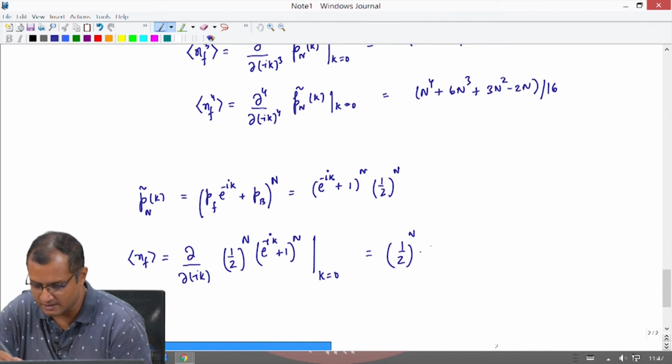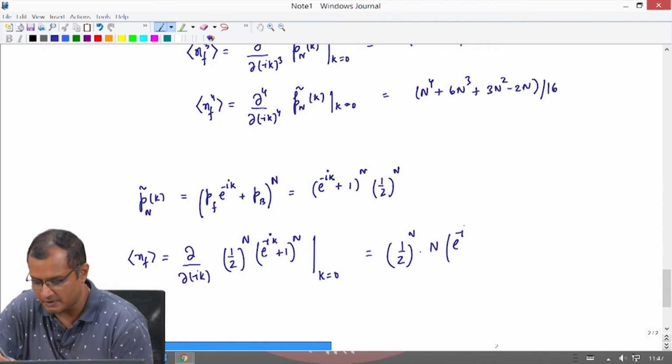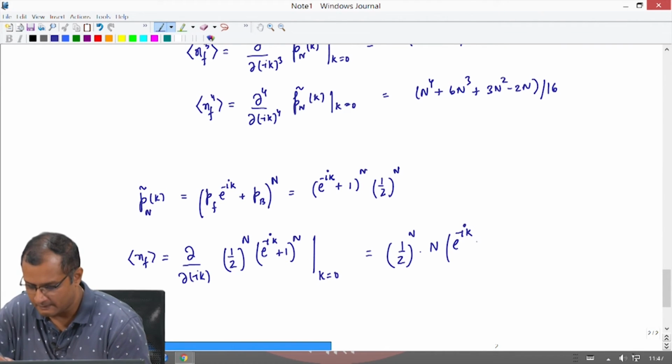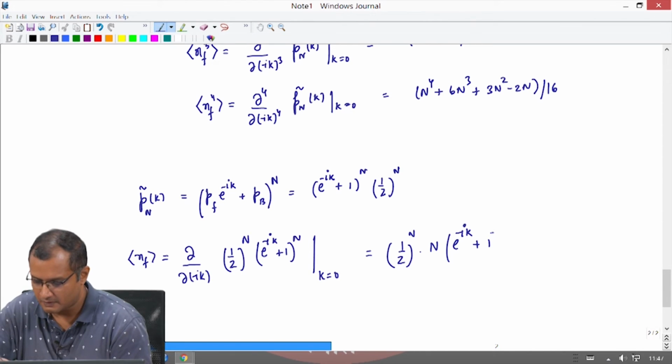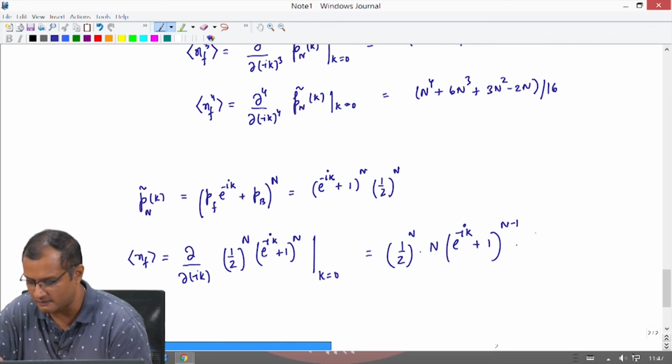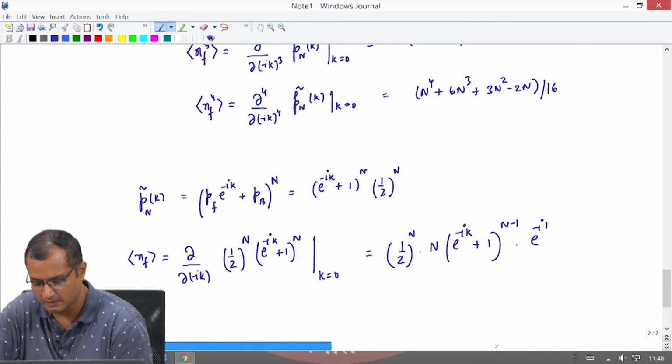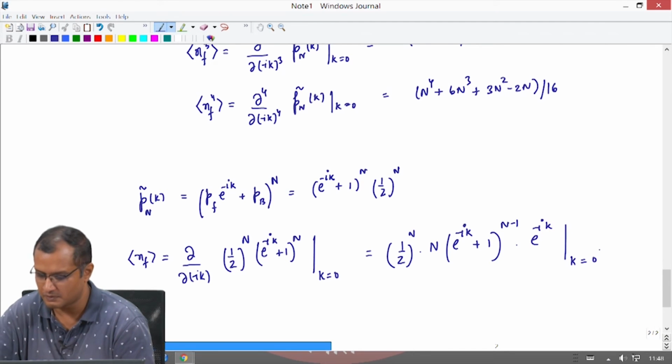What you have inside is just n times e to the power minus ik plus 1 to the power n minus 1, and what you have inside is just e raised to minus ik, that is it, and that is taken at k equals 0.